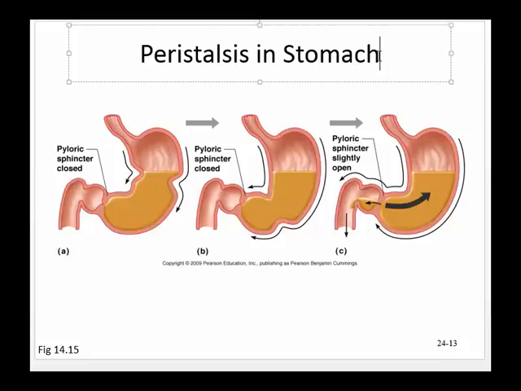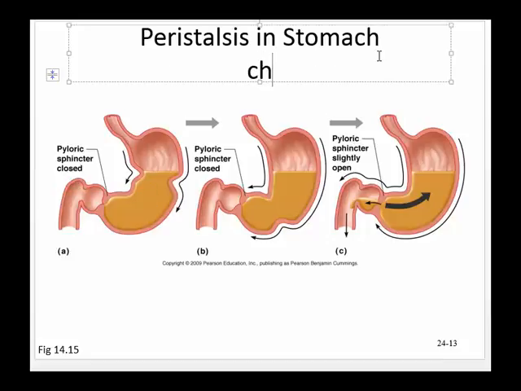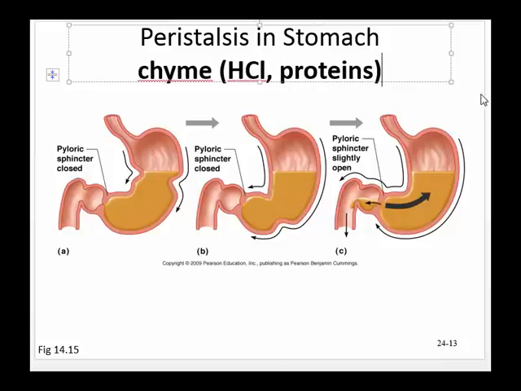This liquefied food is called chyme. Whoops, it always autocorrects that spelling for me. And chyme is really just what is left over after the hydrochloric acid and proteins have been broken down. So your liquefied food is chyme. So this is all chyme, and it moves through the stomach through peristalsis.